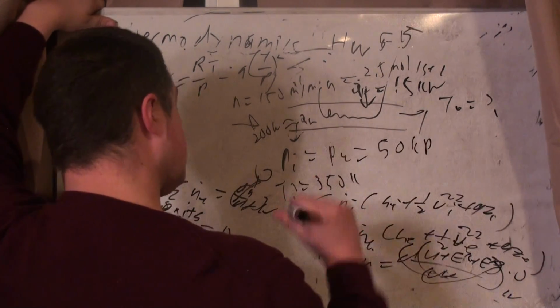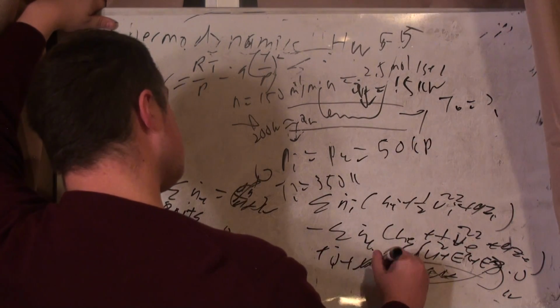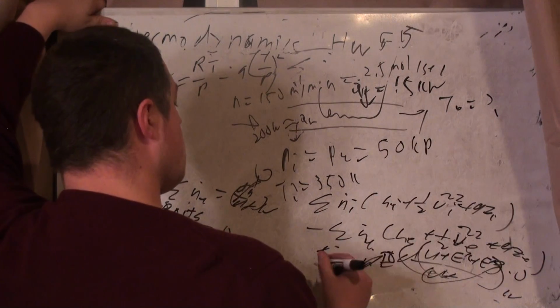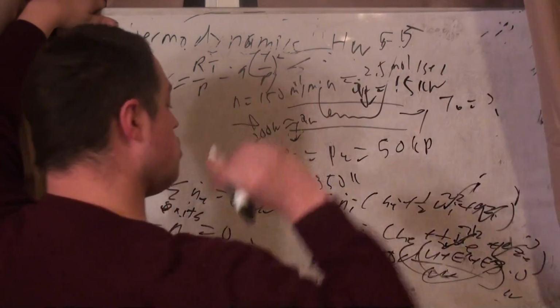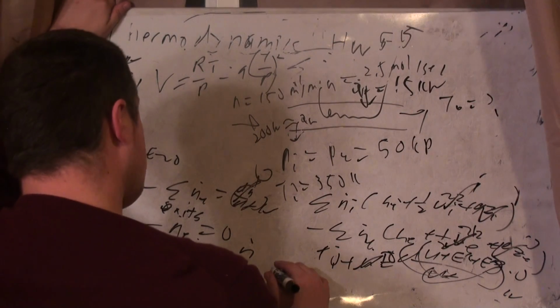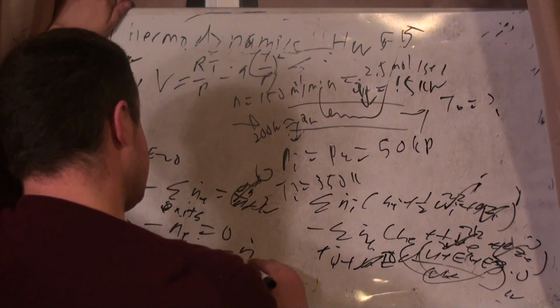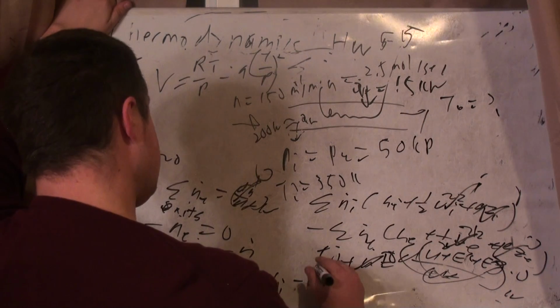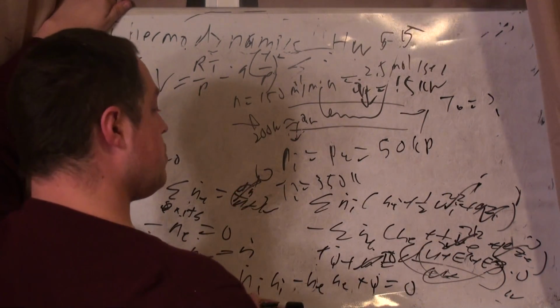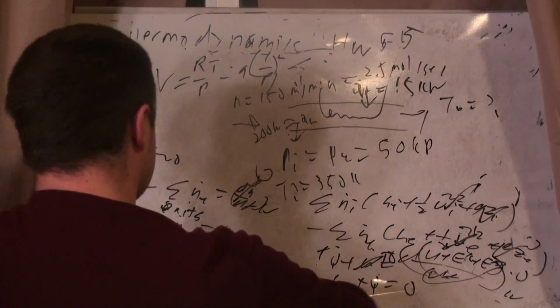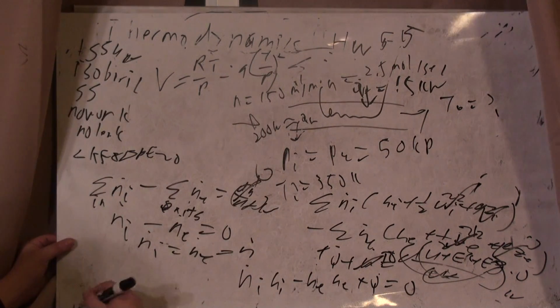That goes to 0 because it's steady state, that goes to 0 because there's no work, that goes to 0, that goes to 0, and that goes to 0 because there's no kinetic energy and potential energy. So I have n dot i h i minus n dot e h e plus q dot equals 0. Okay, which we're going to combine some terms.